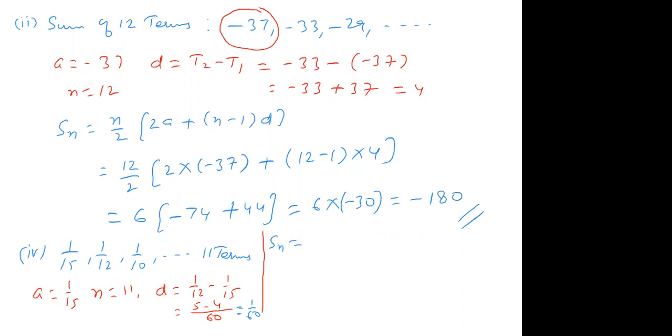So I'm not writing the formula again. n/2, n is 11, 2a plus n minus 1 into d, 1/60. So it is 11/2. Sir, 1 minute, sir.